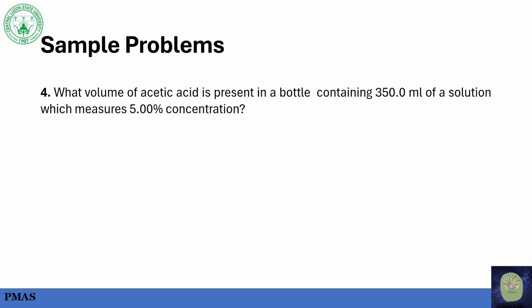Next, what volume of acetic acid is present in a bottle containing 350 ml of a solution which measures 5% concentration? This time, instead of the concentration, we are finding the volume of solute.